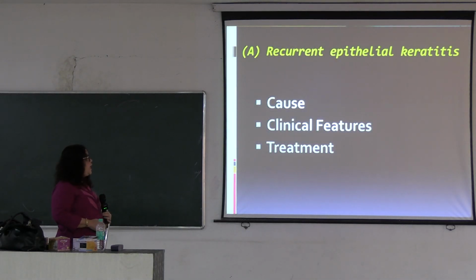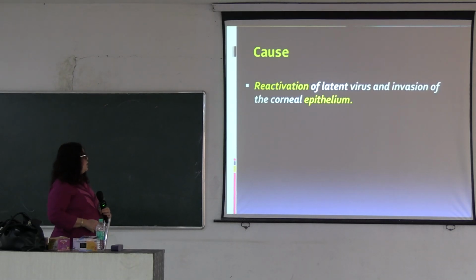So, for recurrent epithelial keratitis, we describe the cause, the clinical picture and the treatment. Recurrent means if the patient is relieved from the acute stage and it remains inactive for some period, then reactivation occurs, that is called recurrent keratitis.